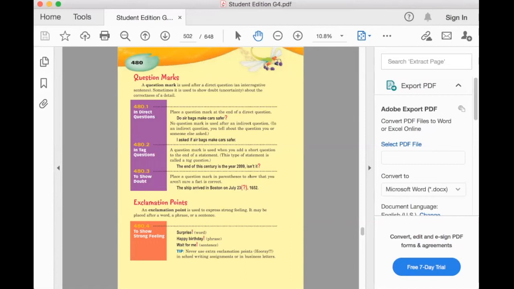Place a question mark to show doubt. Place a question mark in parentheses to show that you aren't sure a fact is correct. The ship arrived in Boston on July 23rd, 1652.